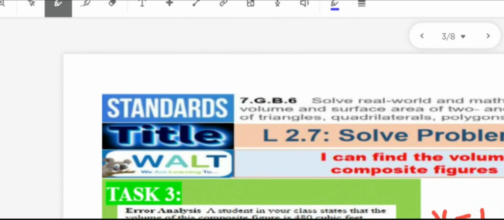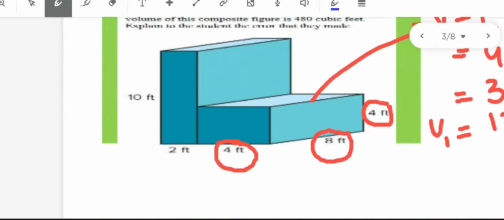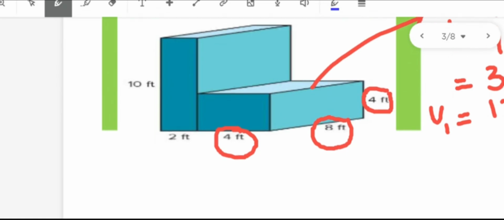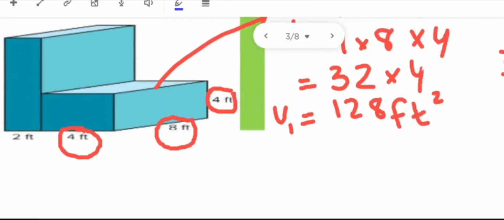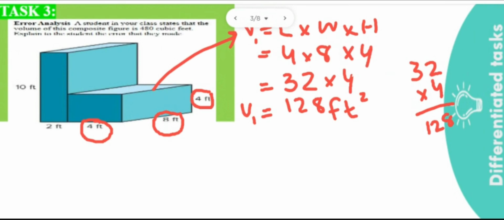Now let's have a look at the second rectangular prism. We can see the height is 10 feet and the width is 2 feet, but we don't have the length given. Can we find this length using the measurements given? If we focus, we can see these are the steps of the stairs.